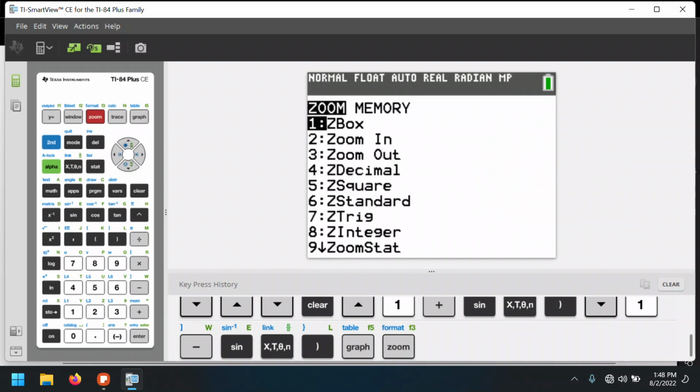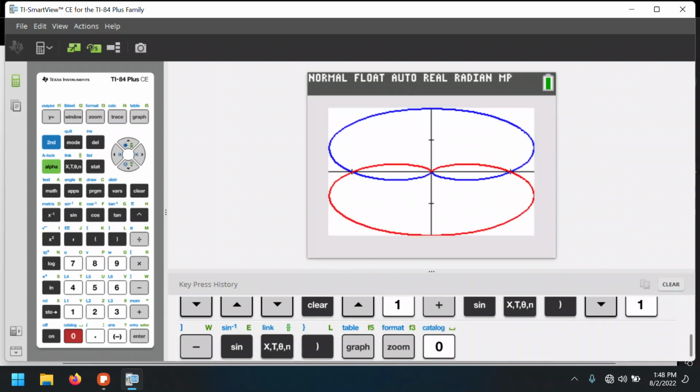And zoom. Let me do zoom fit. How many points of intersection do you have there? How many did we find algebraically? 2. So which ones? Well, this is most likely the 1, 0, on both versions. And this is the negative 1, 0 or 1, pi, depending on the system.